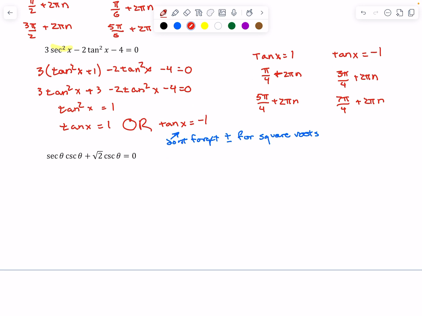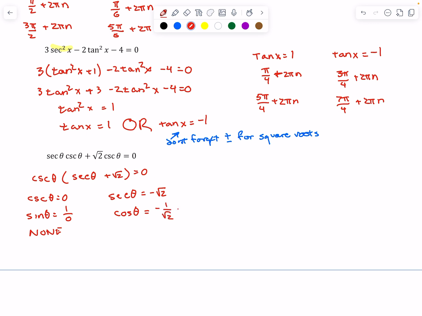Alright, do I need to change things? No, I want to factor out cosecant. Okay.